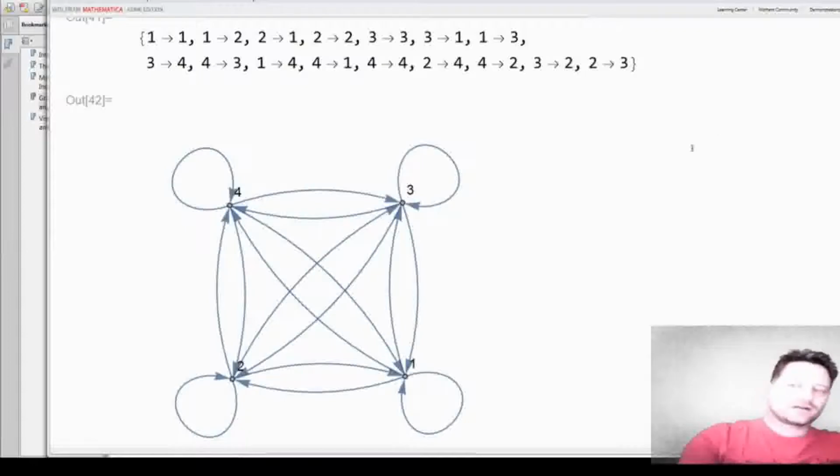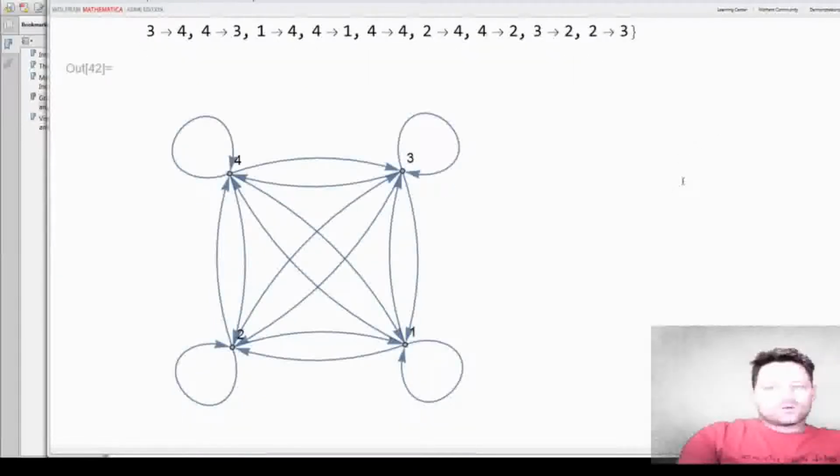Okay, this diagram looks symmetric. Now we ask again, is this transitive? So we have 4 going to 3, 3 going to 1, 4 going to 1. Okay, good. 2 goes to 4, yes. To me, this looks transitive.